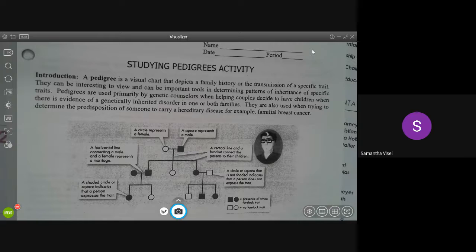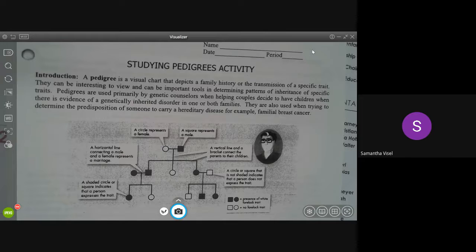So we looked at karyotypes already as a way to diagnose genetic disorders, but a pedigree is another tool in our toolbox that we can use to trace family histories, help with diagnosing genetic problems, and to make predictions if there could be possible genetic disorders in the future.